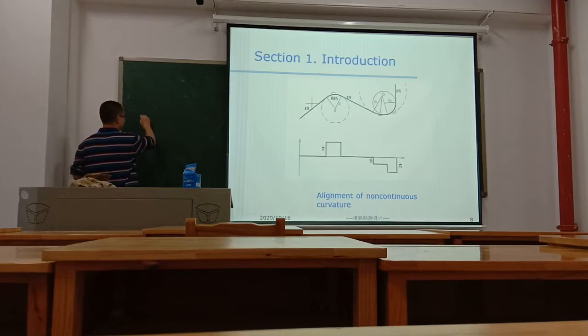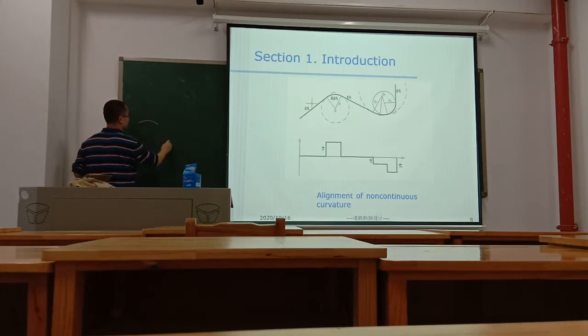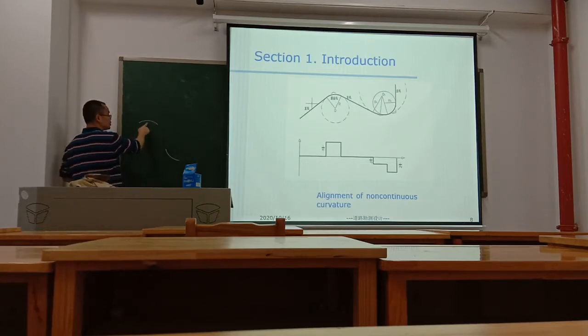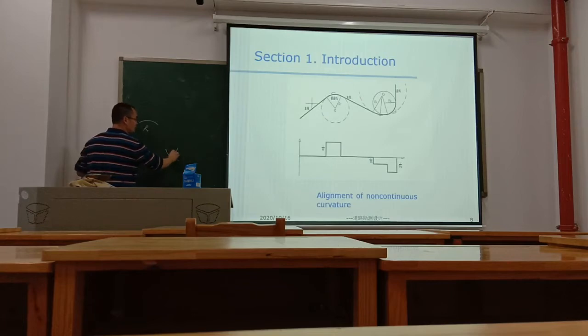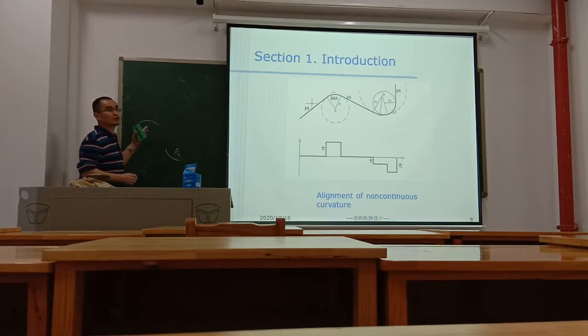For example, this is circular curve 1, R1. This is circular curve 2, R2. So we can connect them with two transition curves and one straight line.